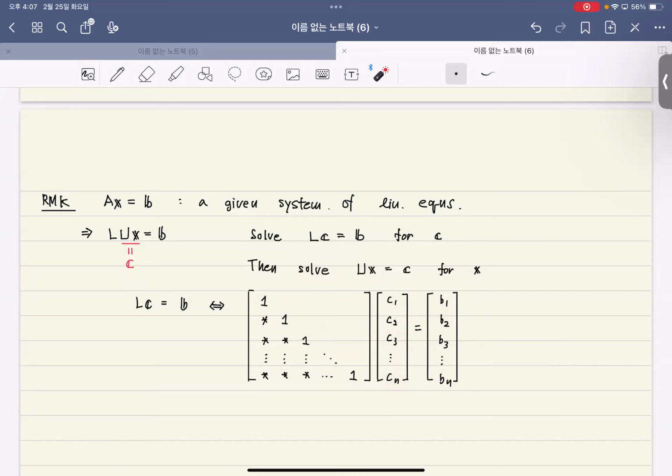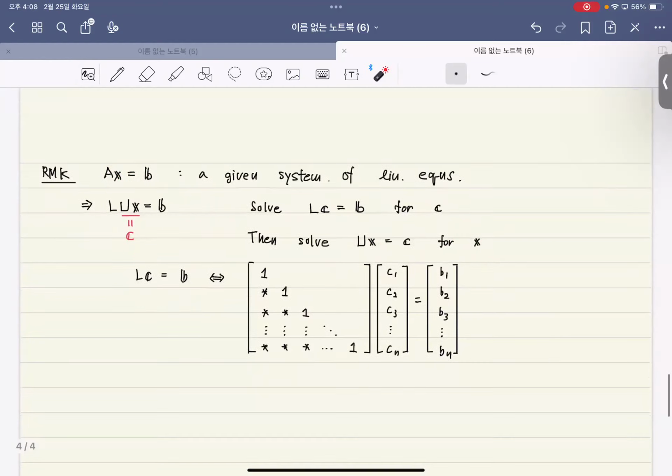So for this given LU factorization, you can systematically solve this equation for C. Now, once you have your C, you solve U times X equals C, this matrix equation for X. Then this X must be the solution of your original system.